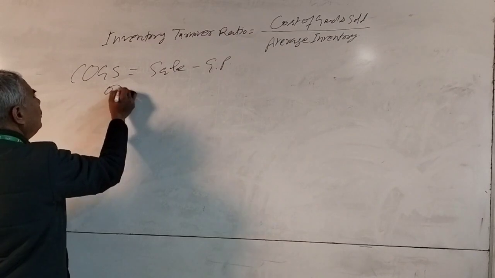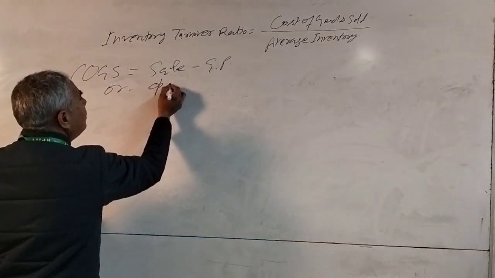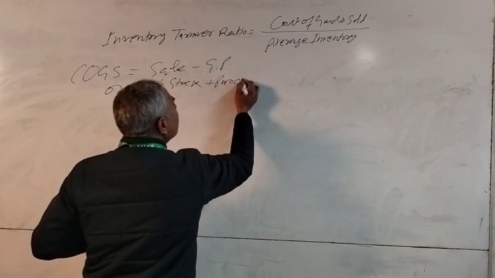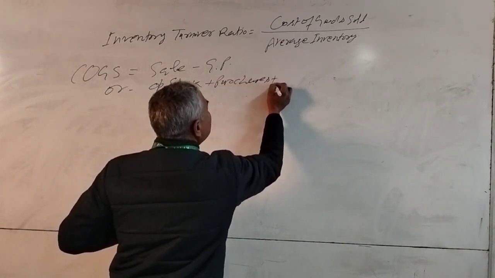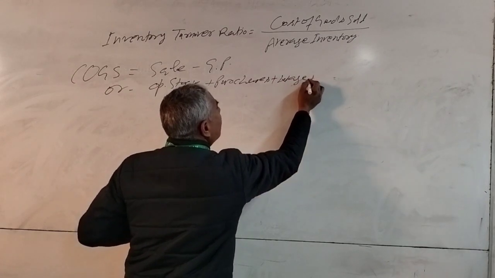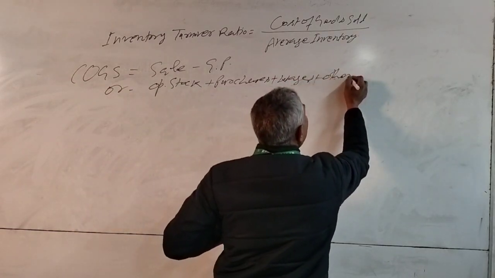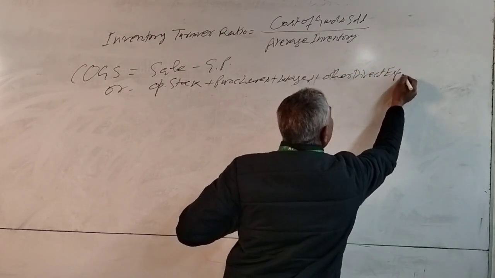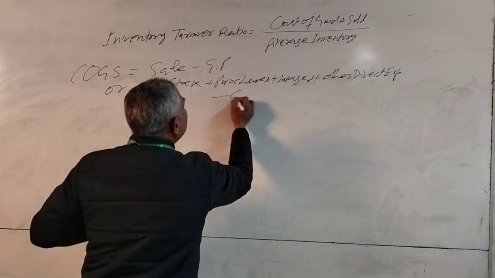Or we apply the formula opening stock plus purchases plus wages, etc., plus other direct expenses minus closing stock.